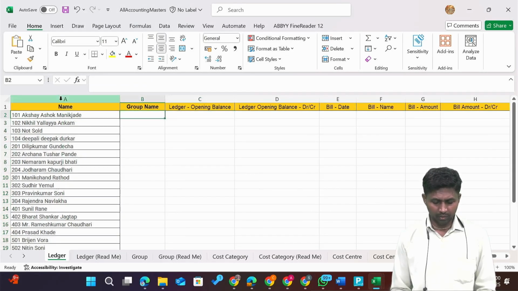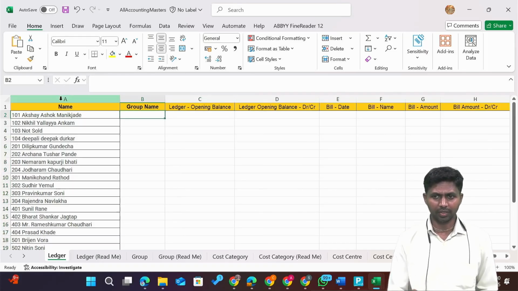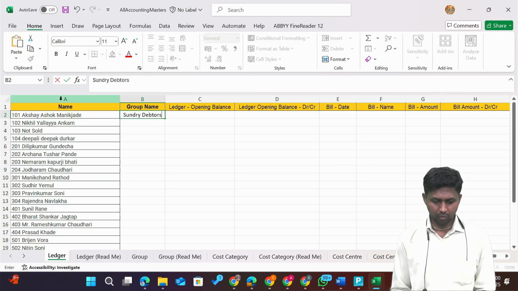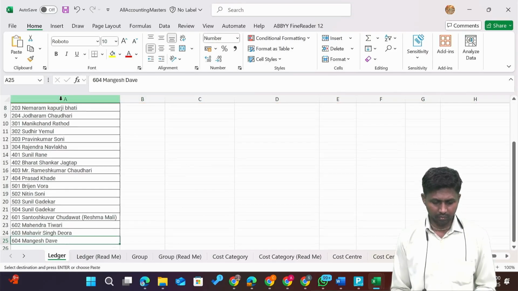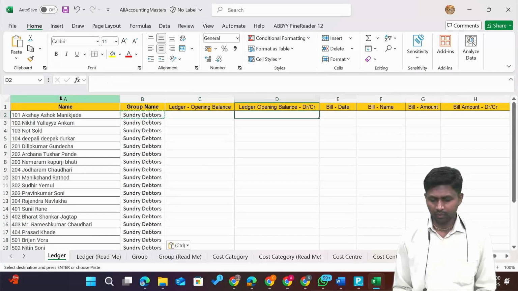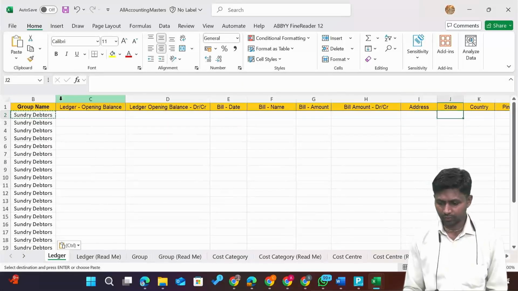Group name. They all fall in the customer category, and in tally customer means sundry debtors. Don't make a mistake in the spelling, because if you make it, then you will not get ledgers.